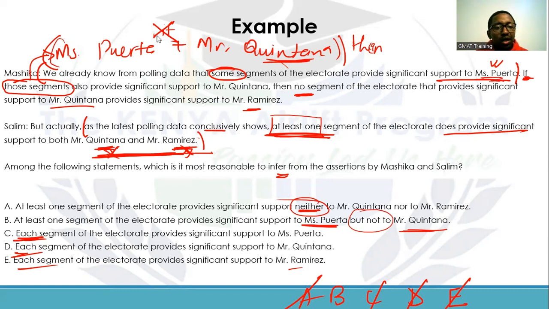And since we know one supports Mr. Ramirez and Quintana, we know that there is at least one segment that supports Mrs. Puerta, but not Mr. Quintana. So for that reason, B is the answer.